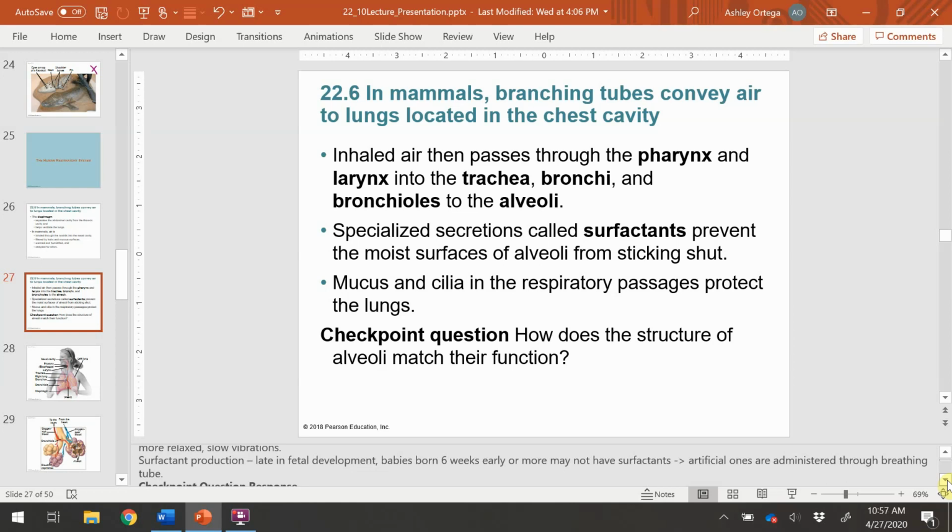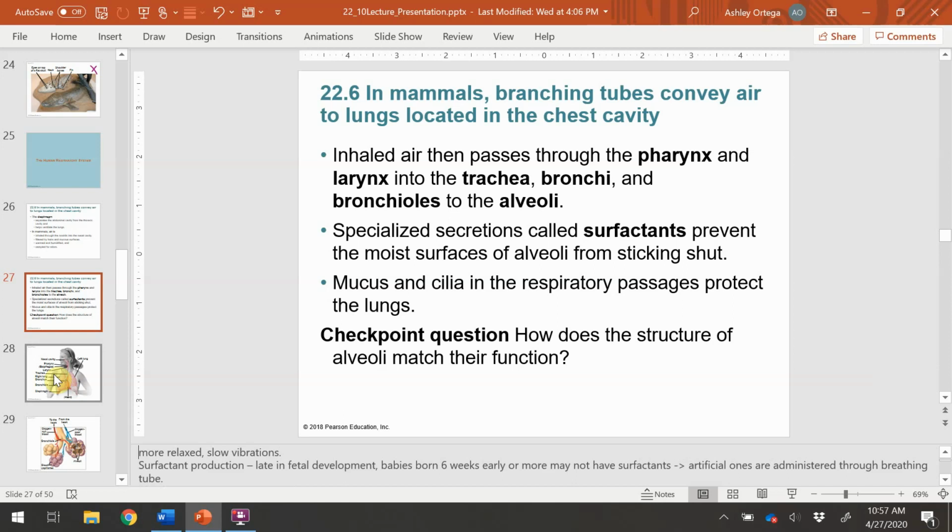And so to combat that, scientists have come up with artificial surfactants that can be administered through breathing tubes that allow for these alveoli to maintain their shape until the baby is able to produce the surfactants on its own.